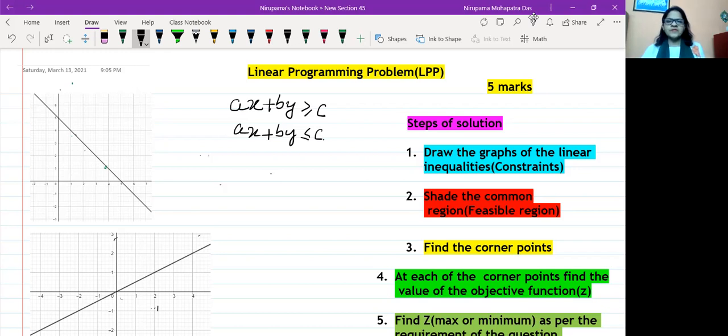While drawing the graph, we have to consider the corresponding equation, ax plus by equal to c. When a, b, c are not all equal to 0, such lines do not pass through origin.